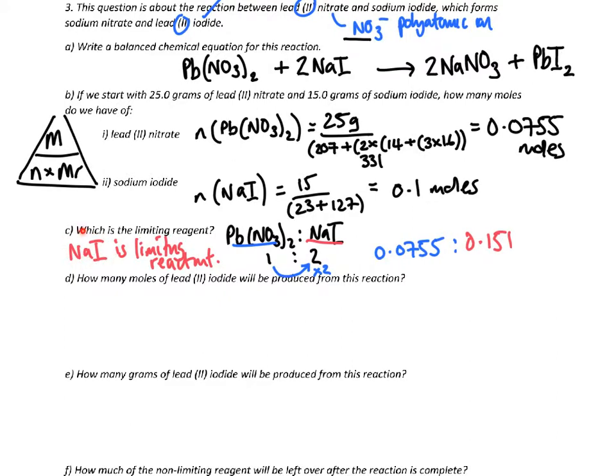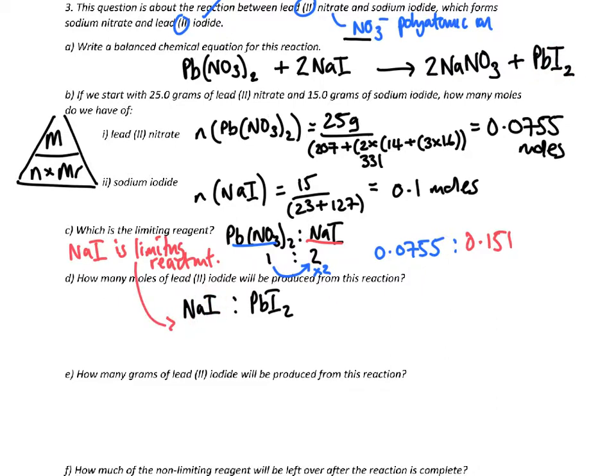So now we've worked that out, we know that sodium iodide, the number of moles of this, 0.1 moles, is the actual we've got, is going to dictate how many moles of lead iodide that we produce. Now, we've got to look at the relationship between, in our balanced equation, sodium iodide and how that relates to lead iodide.